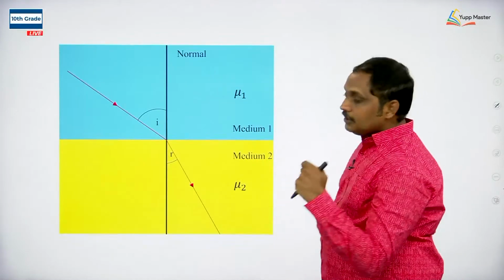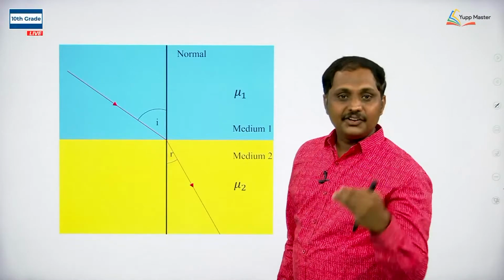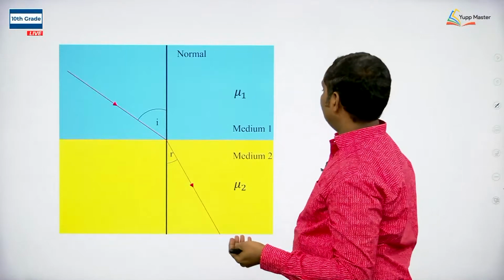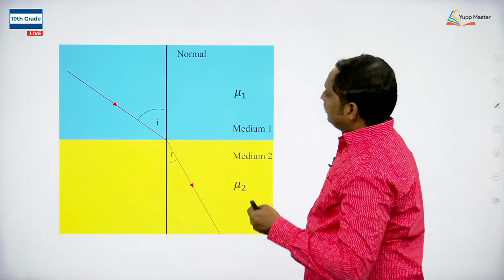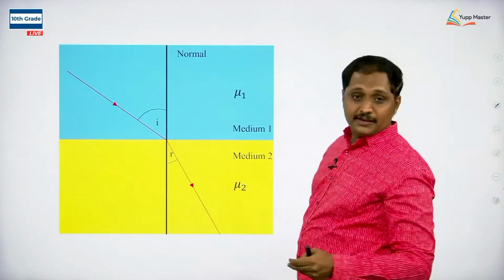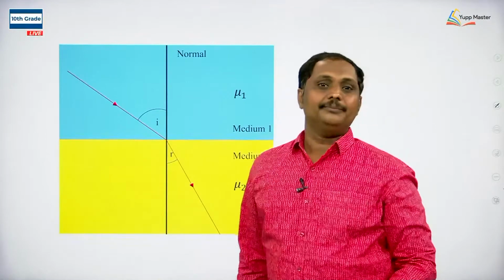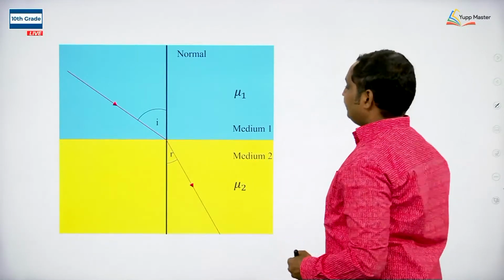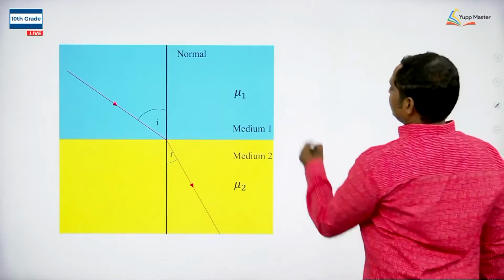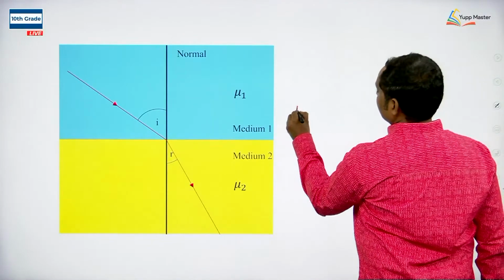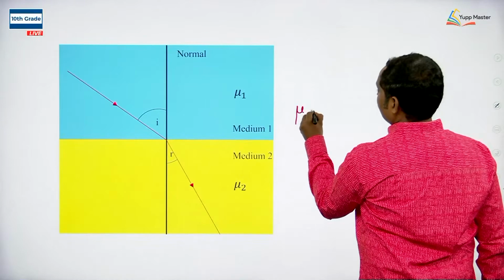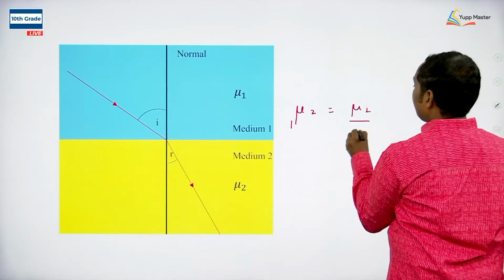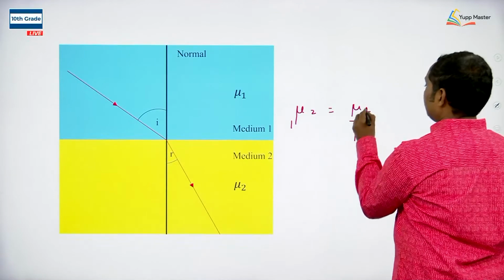Then you will consider the relative refractive index, that is, the refractive index of the second medium with respect to the first medium is known as relative refractive index, and it is identified as mu 2 1 is equal to mu 2 by mu 1.